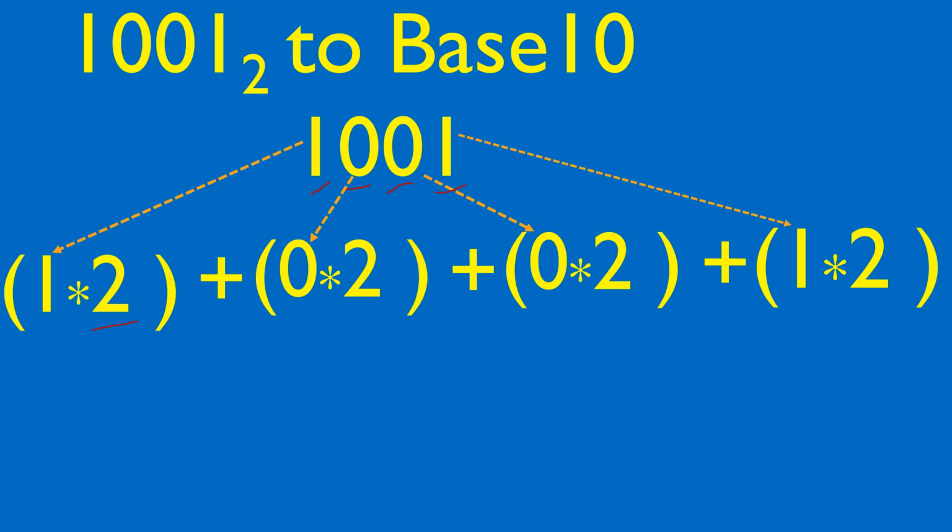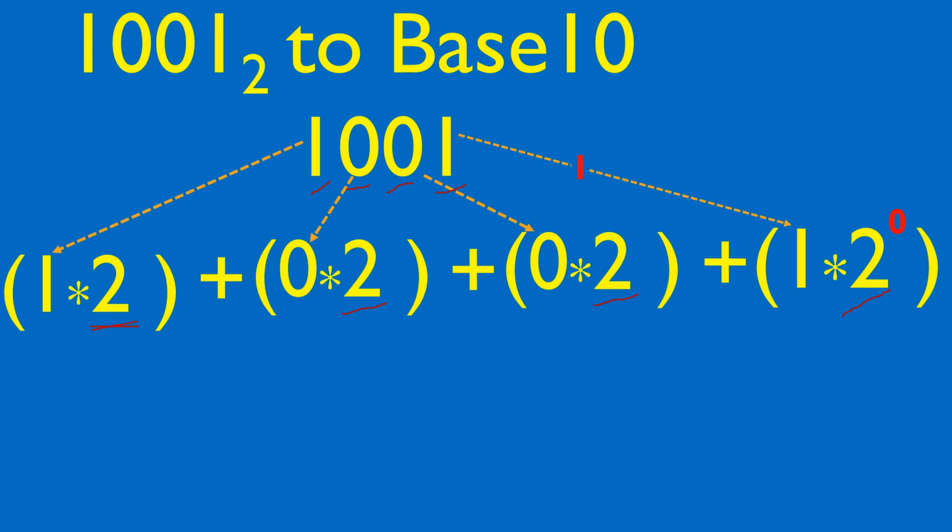Now, just like we had in the previous example, we begin to assign exponents, powers, to the base number starting from the right hand side. I know our base is 2. So we will assign from the right hand side, we'll start with 0.